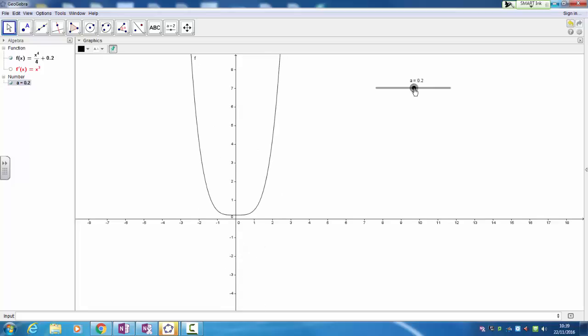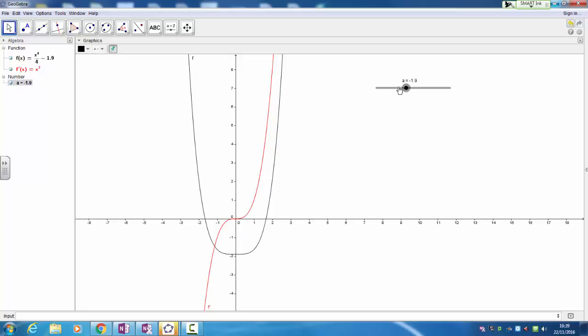So in other words, if we were to take the gradient of f(x), we get f prime x. So if I plot the gradient on every single point on f(x), I'll get the red line here. Now look what happens when I change plus c. There's no gradient function change.